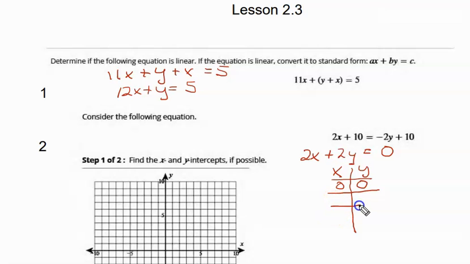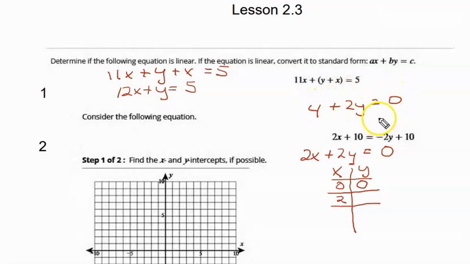Now what we want to do is put some other points up there. If x, let's say, is 2, what will y be? Well, if x is 2, 2 times 2 is 4, plus 2y equals 0.